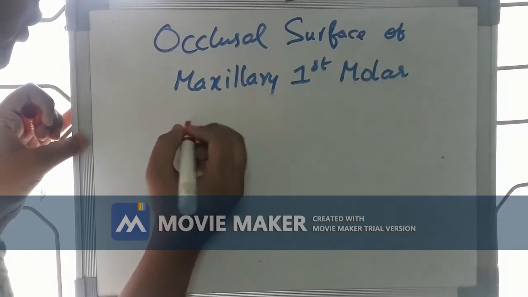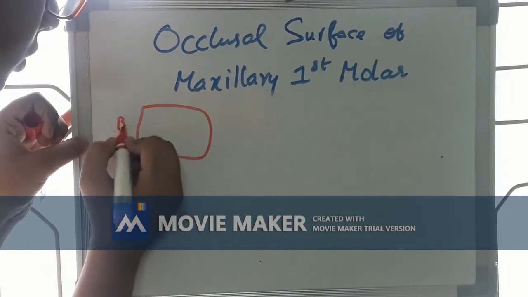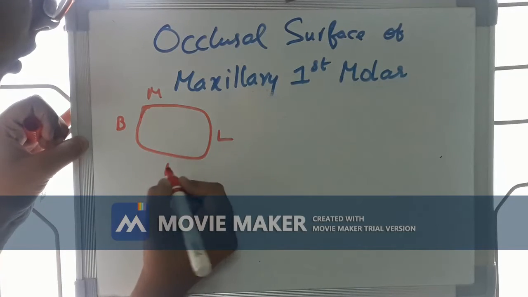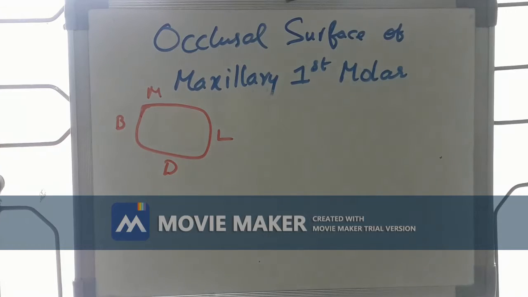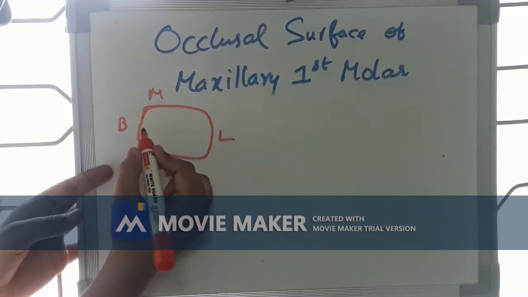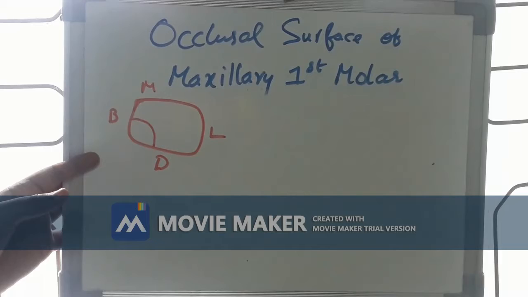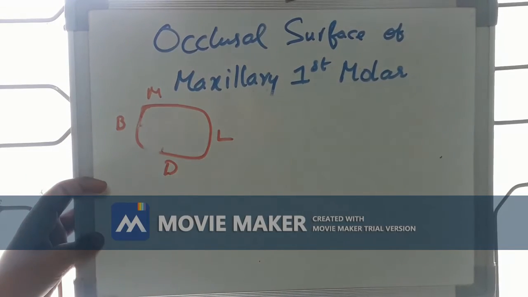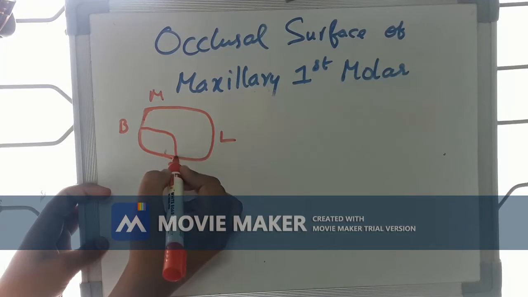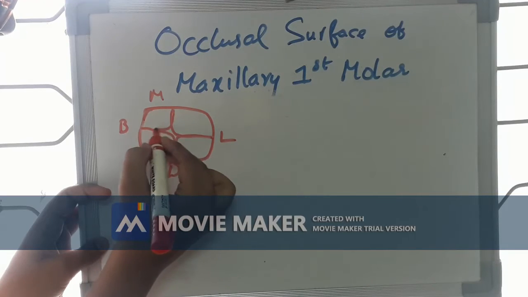Now this oblique ridge, suppose this is the tooth. Assume this is the occlusal aspect of the maxillary first molar. So here we have a distobuccal cusp, distolingual cusp, mesiolingual cusp, the largest, and the mesiobuccal cusp.